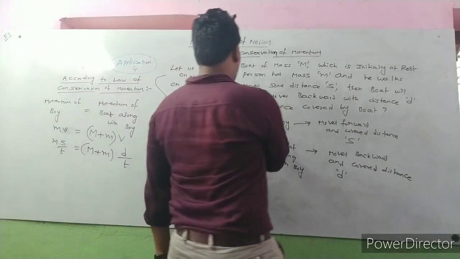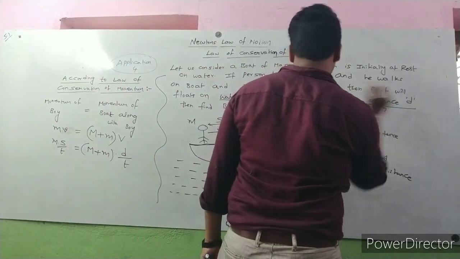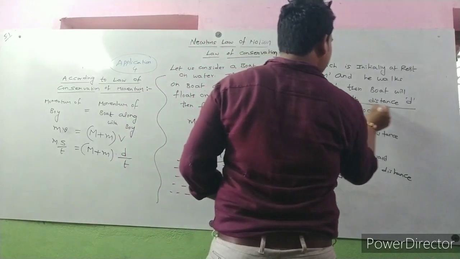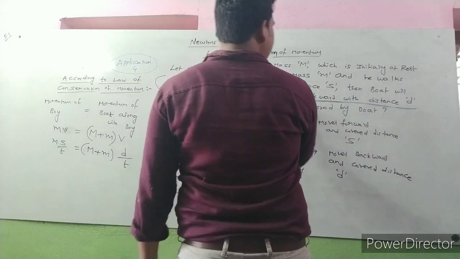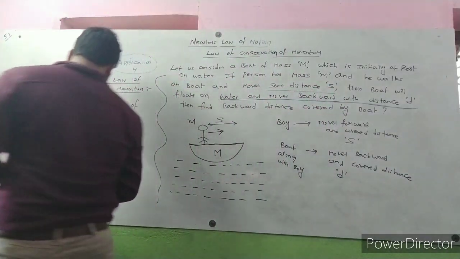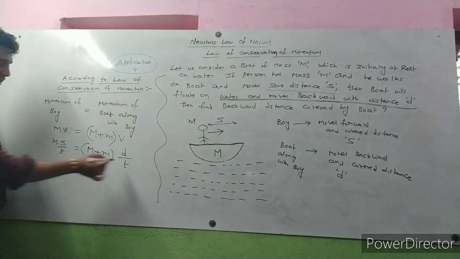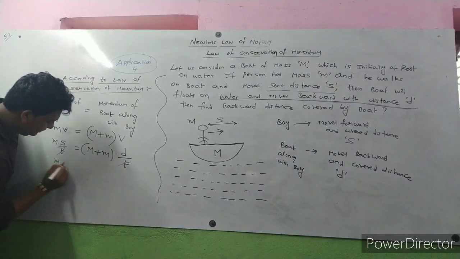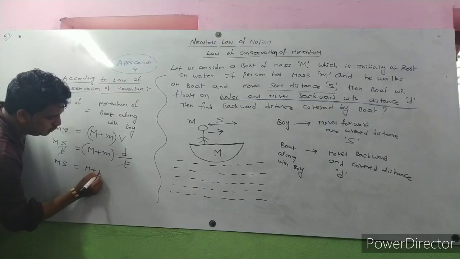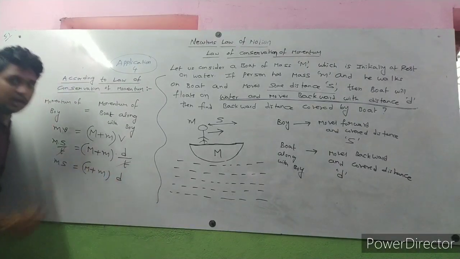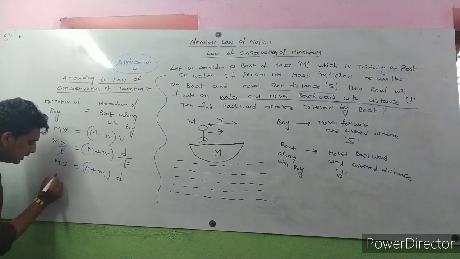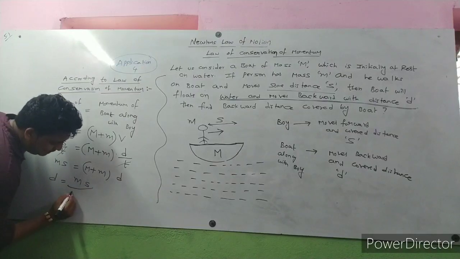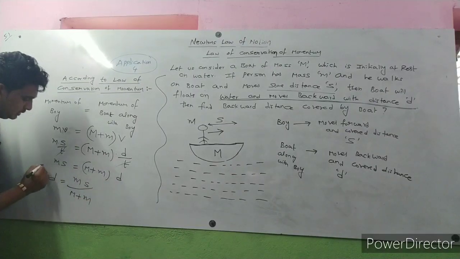So t gets cancelled. Finally, we got m into s equals capital M plus small m into d. What do we want here? We want d, the backward distance.